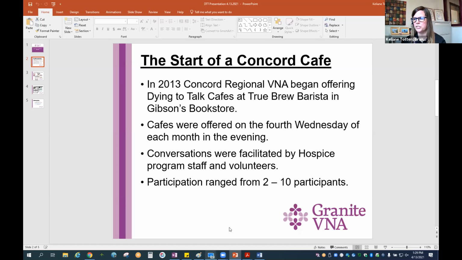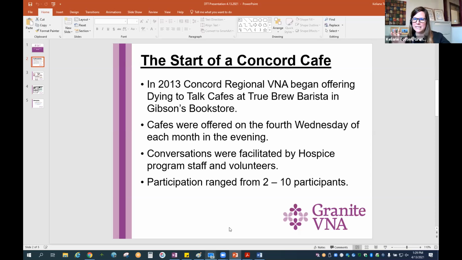And I would echo what Marsha shared about, go and visit the site ahead of time and listen to the noises and think about where you can sit. The very first cafe that we offered was in the True Brew location. That was a coffee shop and a bar, and we were doing it in the evening. So our first go of it was in a back dark corner of a bar.